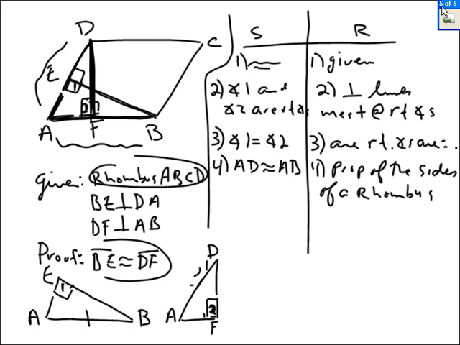So now, somehow, okay, maybe I see it right now. They both have angle A. That was a missing part for me. Angle A is congruent to angle A, and this is identity.